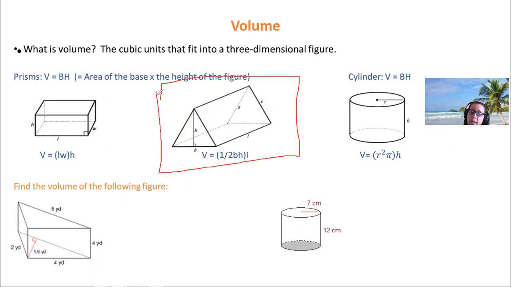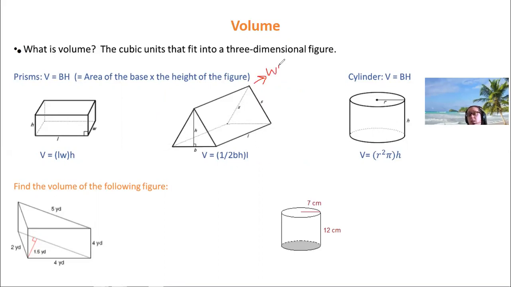Friends and neighbors, what is it? Oh, pardon my yawn. That is a triangular prism, right? Triangular prism. So listen to the word triangle in there. That tells us that the shape of the base is going to be what figure? A triangle, right?